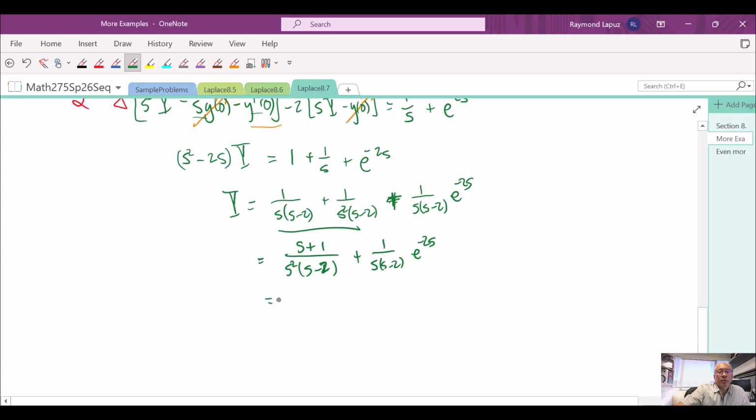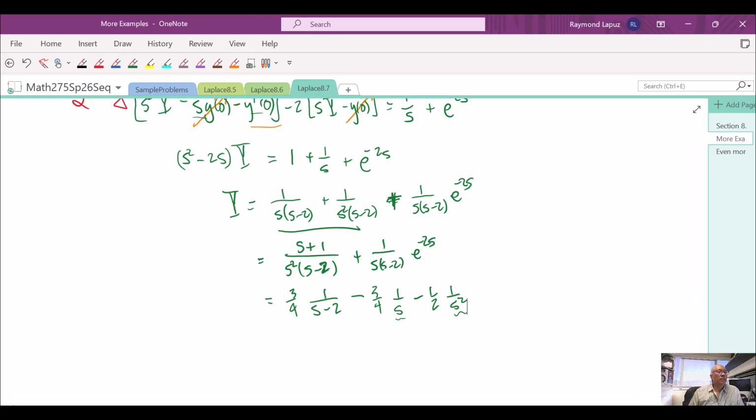So this will become 3 over 4, 1 over s minus 2. That looks like an exponential function. And then I'll go negative 3/4, 1 over s, and then a minus 1/2, 1 over s squared. So this is just going to be a 1, this is going to be a t, this is going to be an exponential.